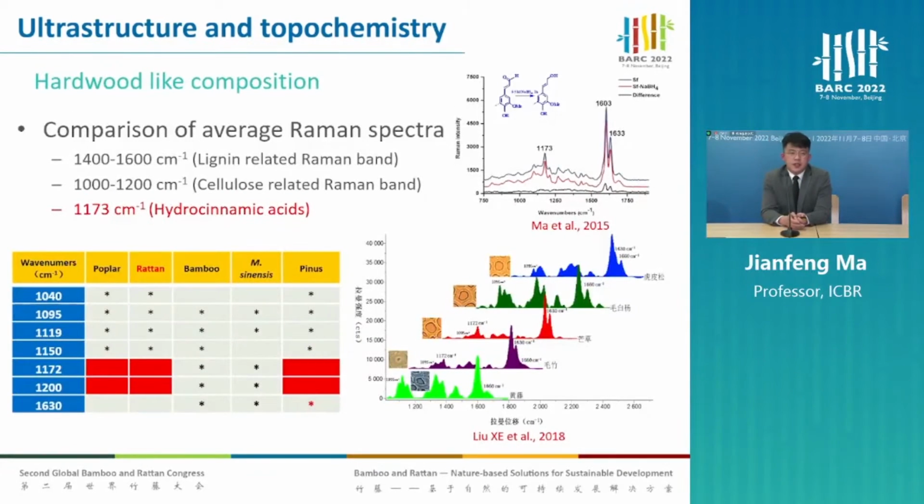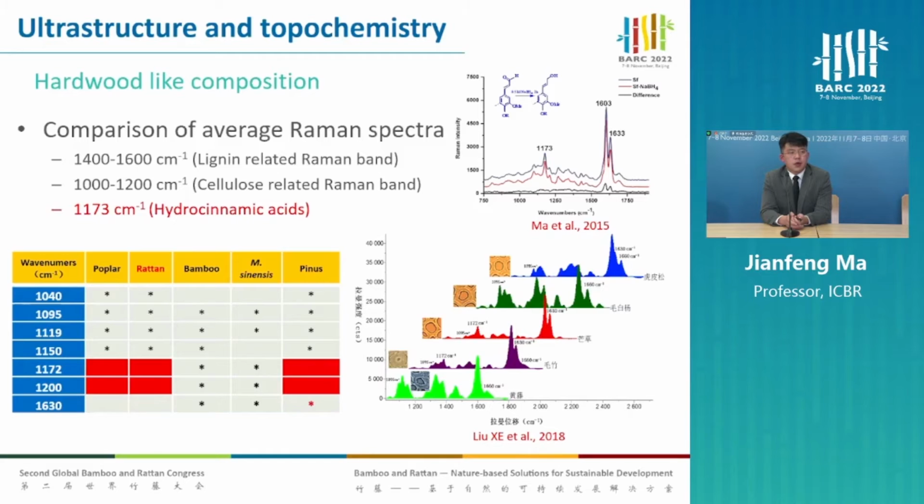After interpreting the outer structure and anatomy of the rattan, we further used confocal Raman microscopy to reveal the chemical compositions of these areas. When comparing the average Raman spectra of rattan, bamboo, Miscanthus sinensis, poplar, and pinus, we found that in the average spectra there are 2 main areas with a strong Raman signal.